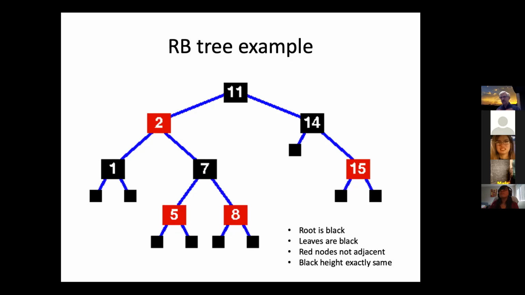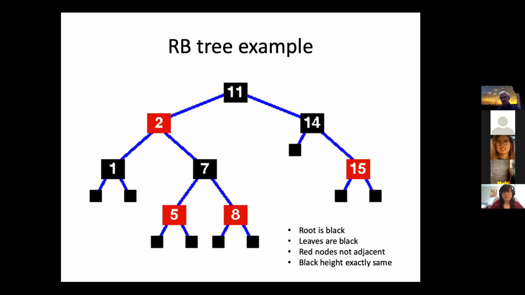If somebody tells you, here's a set of values, I may add a few things here and there, I may delete a few things here and there, and occasionally I'll ask you to search, you should immediately think of binary search trees, or actually balanced binary search trees. In particular, you should think of red-black trees, and there's ready-made code. You just have to go and use them.